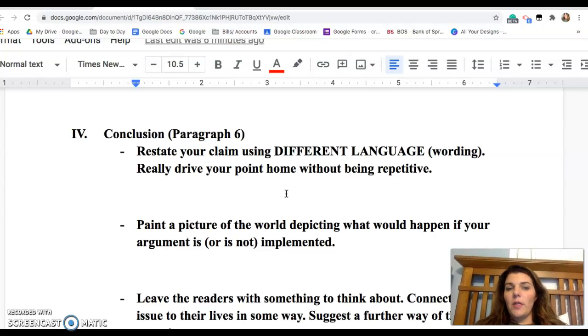So if you're arguing that teens should be allowed to play violent video games, you could talk about how, if people ban violent video games, that would be a loss of entertainment and a loss of competitiveness and teamwork within friends, things like that.